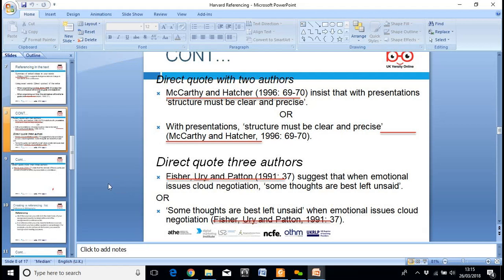Sometimes you'll see on a reference, it'll say Fisher, Urey, Patton, et al. It means there are quite a lot more who have actually mentioned this as well, and by putting that et al. in, you've just mentioned them, if you like, because it's about a widely covered subject.